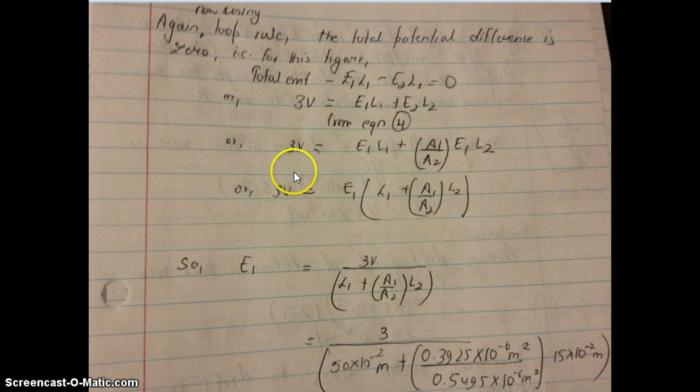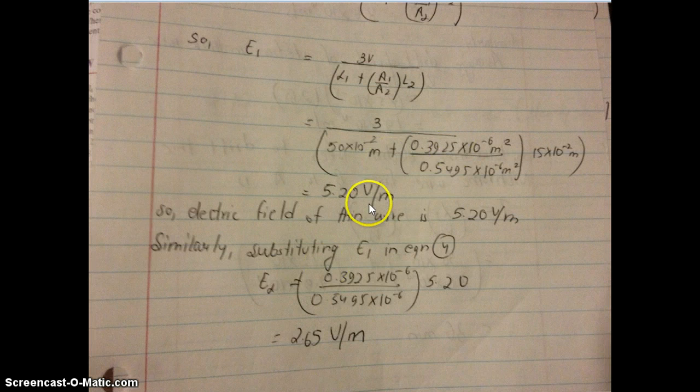So we can get E1 to be 3 volt divided by this expression, and after we substitute the given values, it comes out to be 5.20 volt per meter. So the electric field of the thin wire is 5.20 volt per meter.